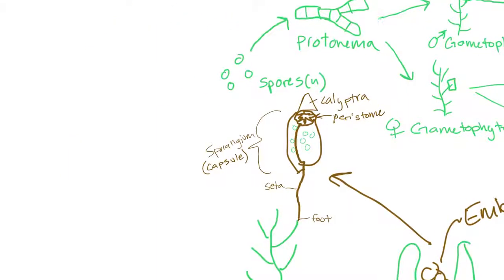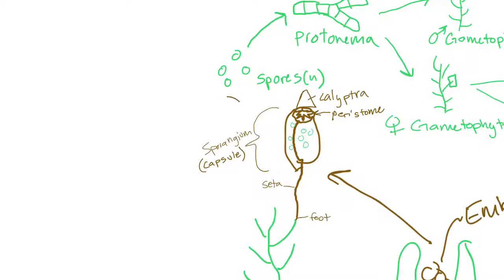Okay, this whole thing is called the sporophyte. And as you remember, it's our diploid structure.